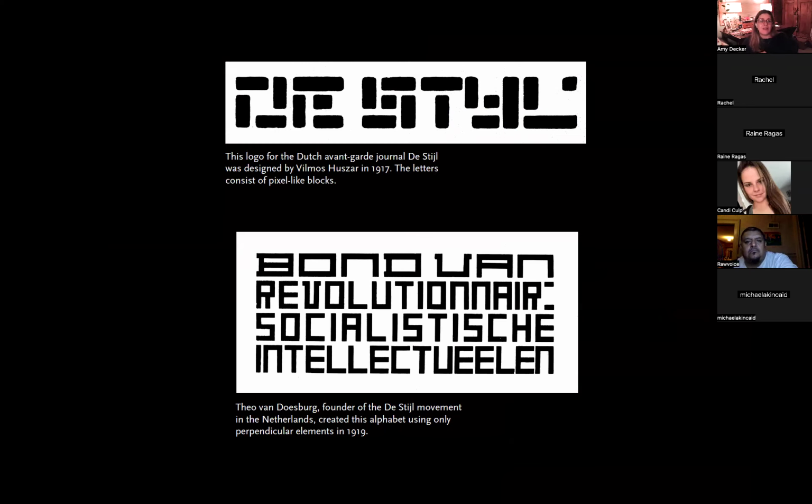Okay, moving on. More avant-garde behavior. This is a logo for the Dutch avant-garde journal De Stijl. De Stijl is another design movement in the early 1900s, 1917 to the 1920s. And it's very pixel-like blocks. When I look at the De Stijl movement, these two examples look like something that could have been done today. They could be for a video game.